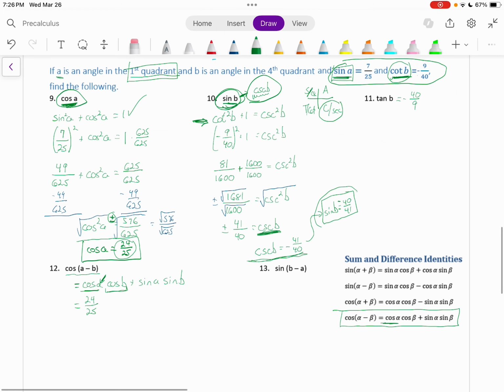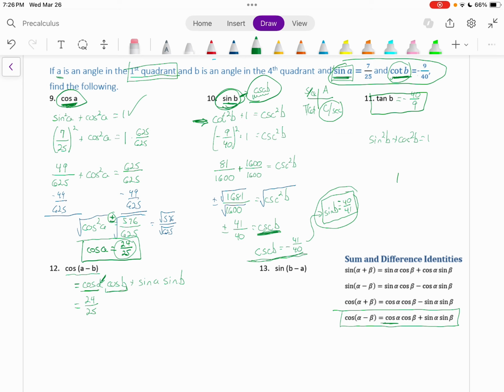There's a few different ways to go about it. We have sine b. So we could use Pythagorean, sine squared b plus cosine squared b is equal to 1. That's very familiar to us. We could do that. Another one is we know tangent and we know sine of b.